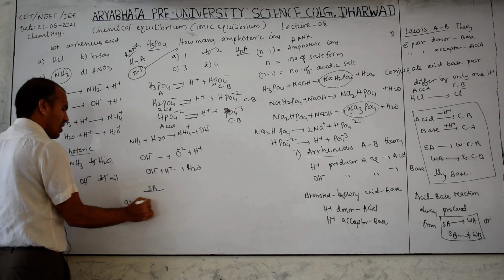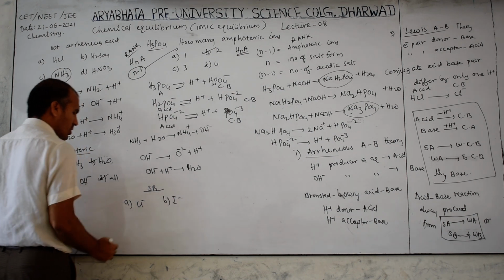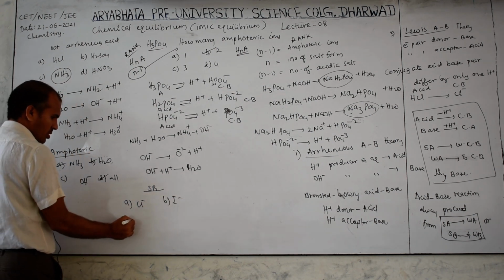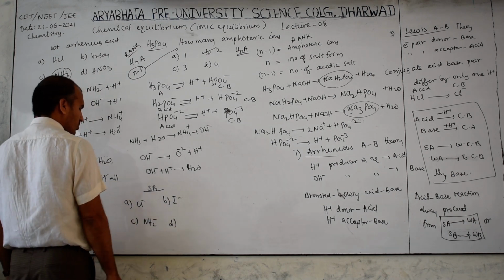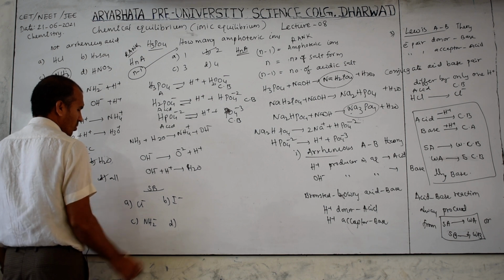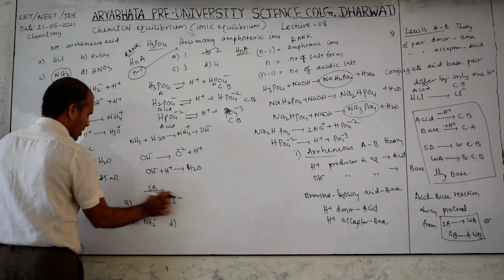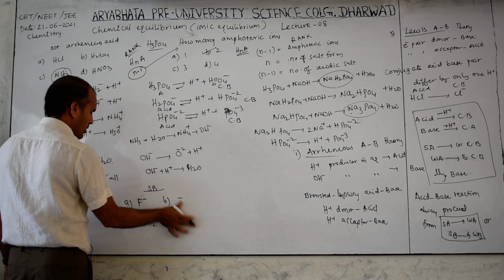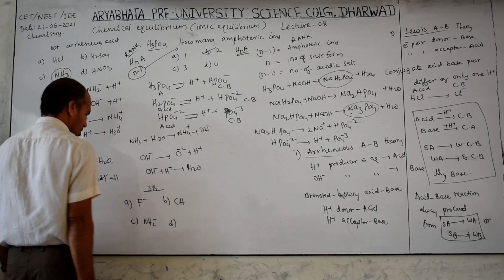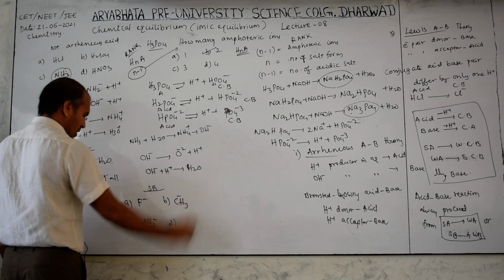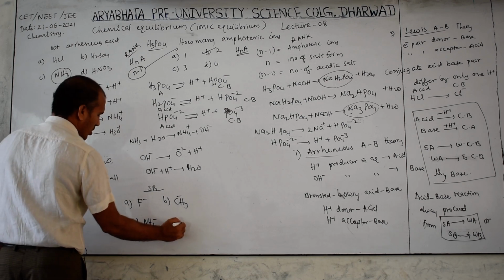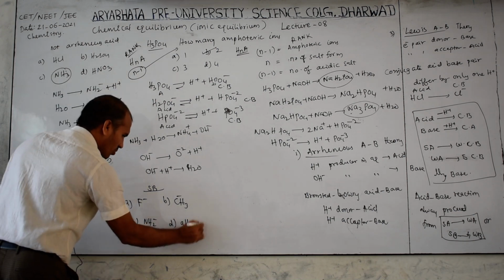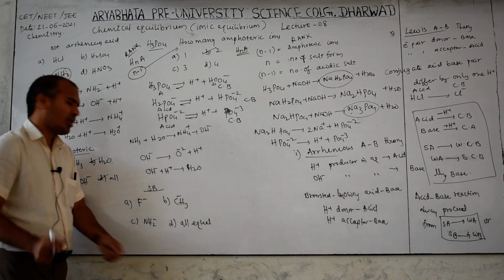Option A Cl minus, option B I minus, option C NH2 minus, option D, one minute, I will write this, F minus first, and this is CH3 minus. All are bases.